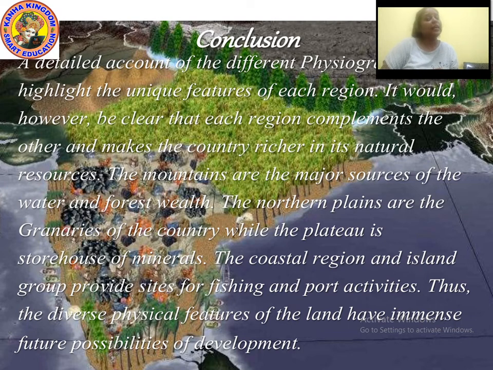Now finally, let's come to the conclusion of this chapter. A detailed account of the different physiographic units highlights the unique features of each region.